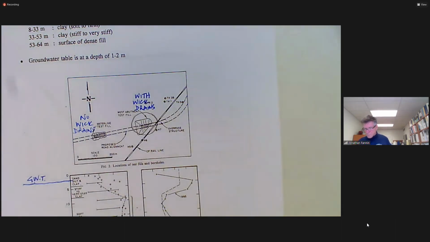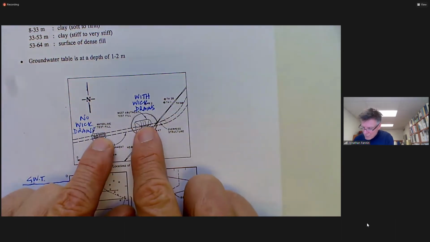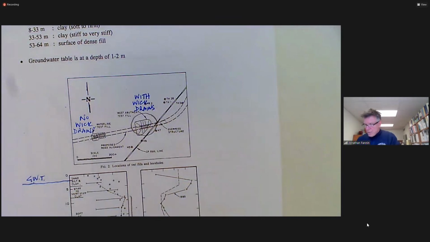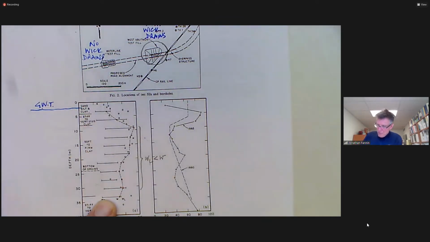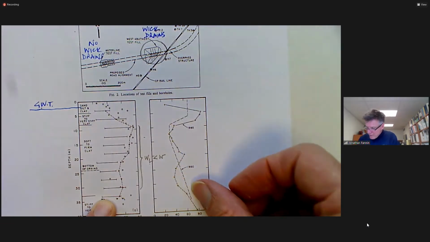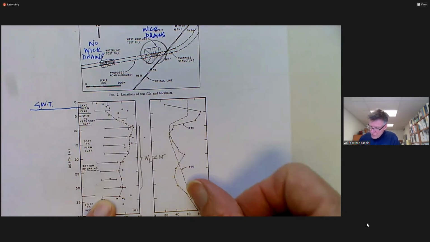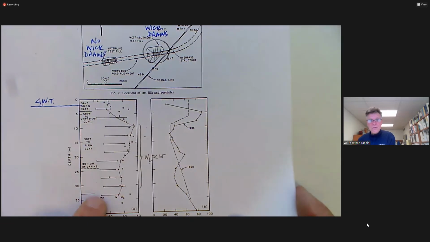Okay, so that's the tale of the two embankments. They're both resting on this subgrade soil. There's our profile of undrained shear strength with depth from field vane testing.